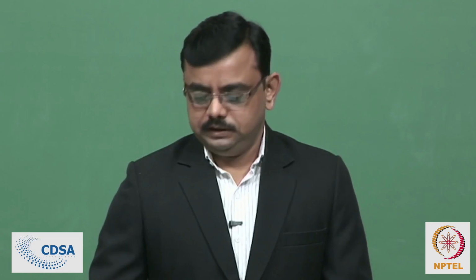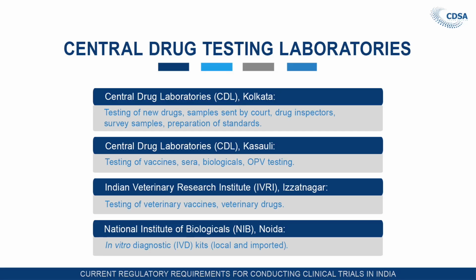Coming to the next slide, the different drug testing laboratories. This is where all the products mentioned in our different schedules, and the categories of products, can be tested; the list is also given here. The Central Drug Laboratory, that is CDL at Kolkata, is responsible for the testing of new drugs, and samples sent by the court and the drug inspector.